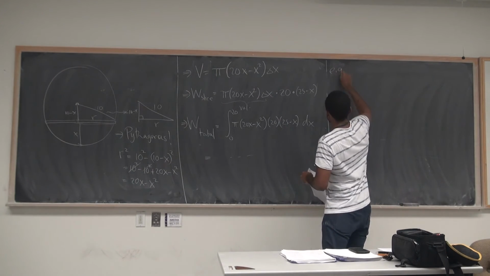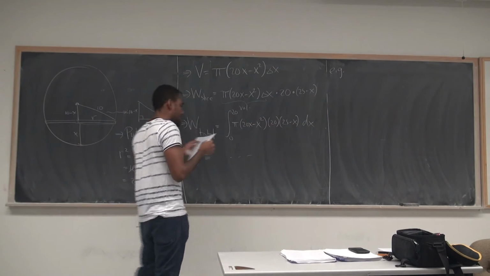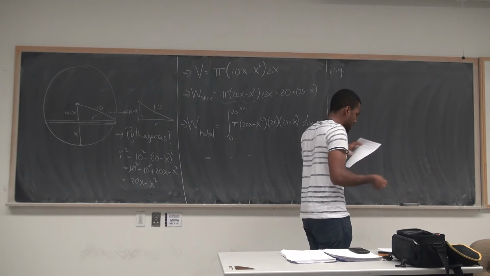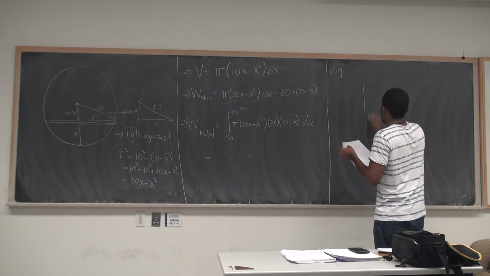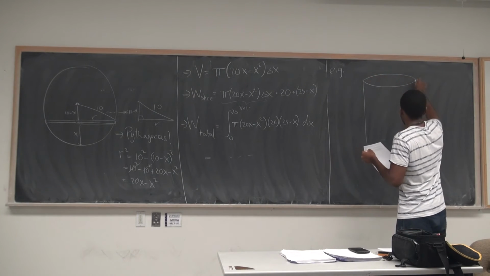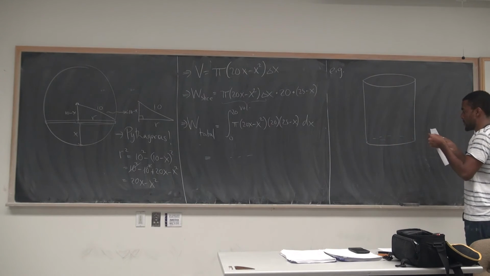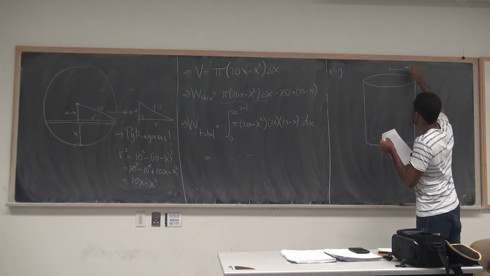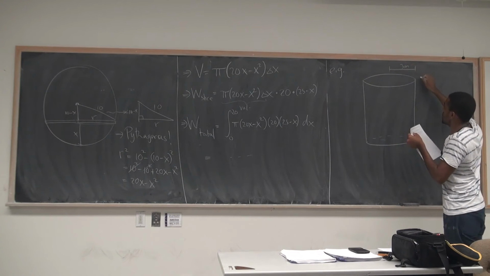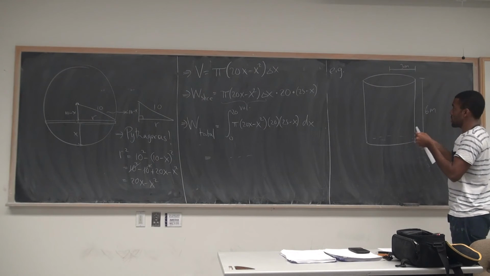Another example. A right cylindrical tank has a radius of 3 meters and a height of 6 meters. That's meters, not inches. So this is a right circular tank with radius 3 meters, height 6 meters, filled with a liquid.